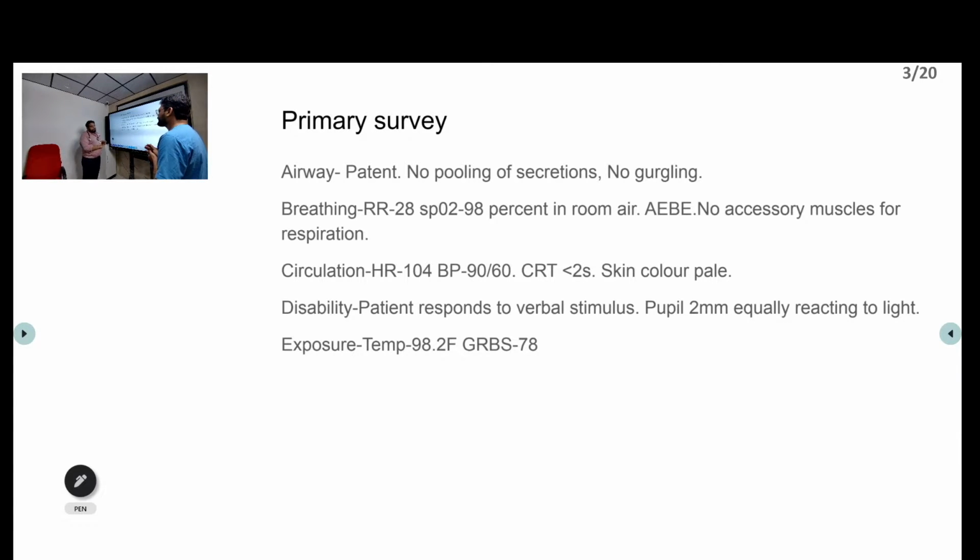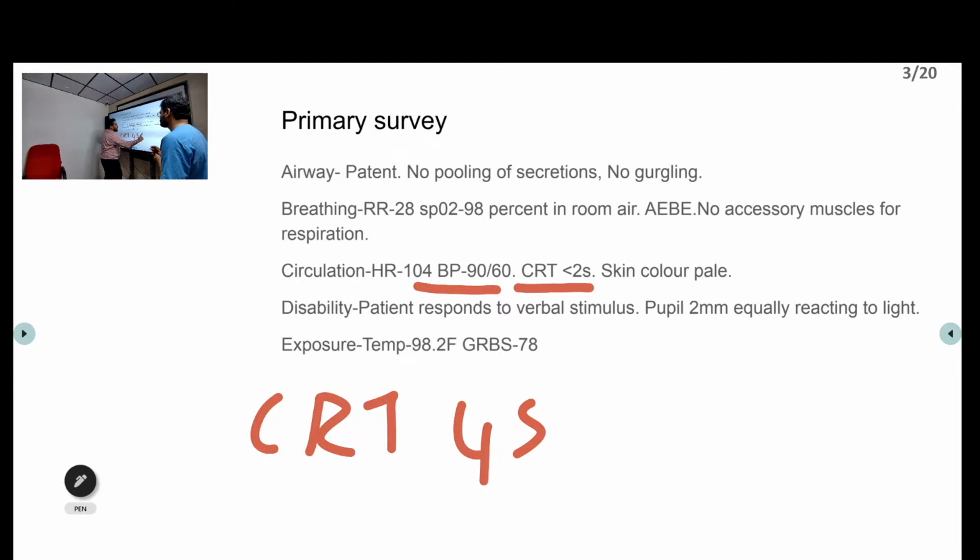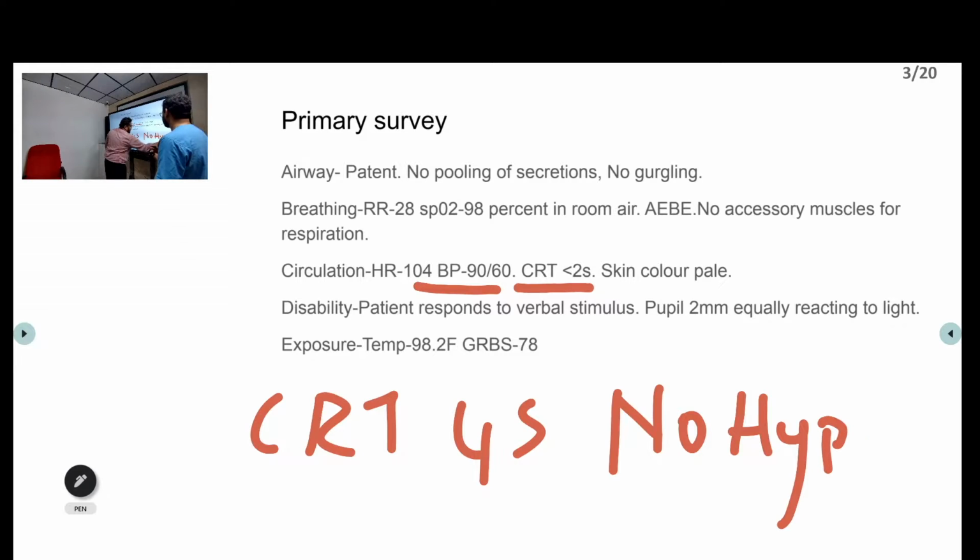Most commonly it is hypovolemic shock. In dehydration we are dealing with hypovolemic shock. Here the CRT is less than 2 seconds and there is no hypotension. Suppose CRT is 4 seconds and there is no hypotension, what type of shock are we dealing with?